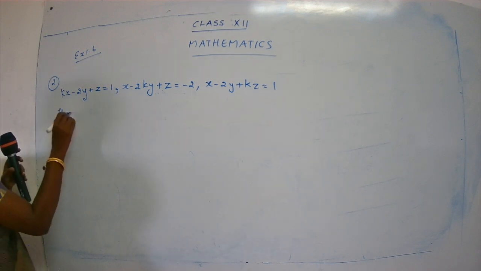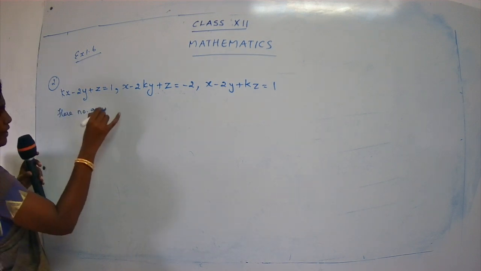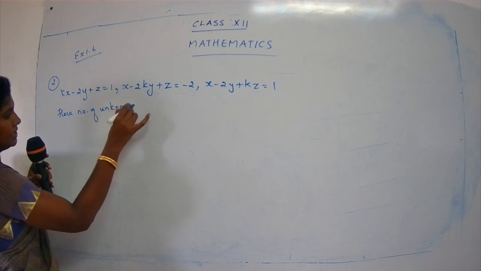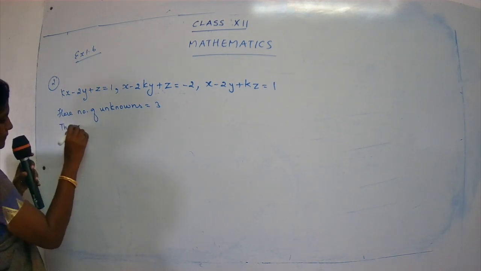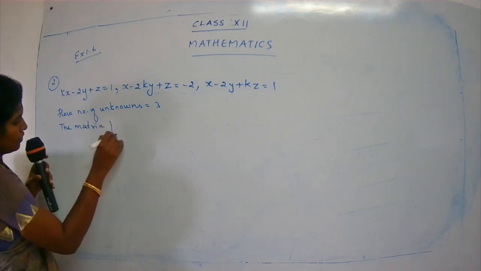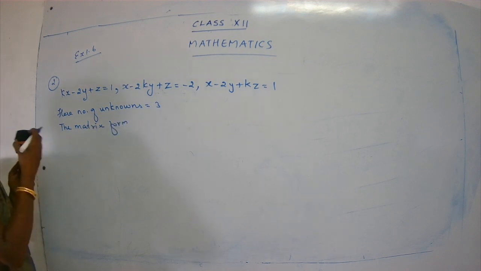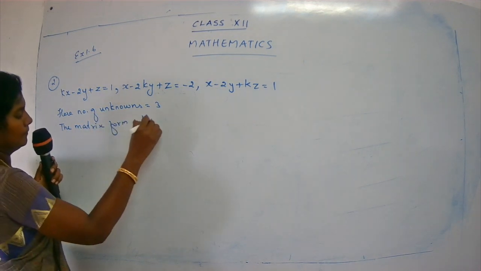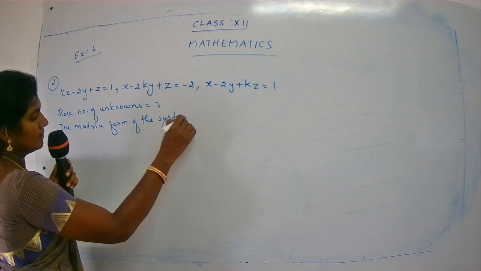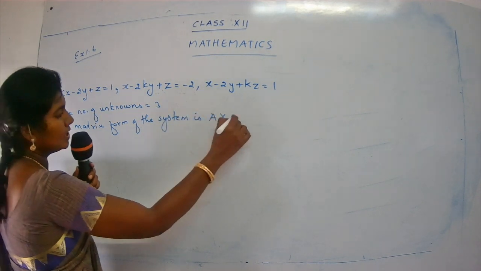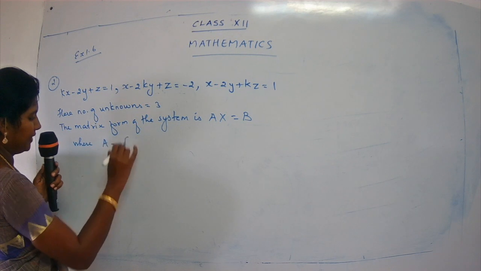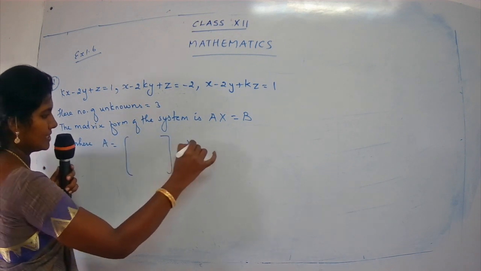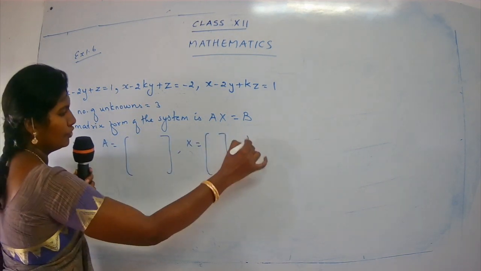Here, the number of unknowns is equal to 3. Okay. Next step, the matrix form of the system. The matrix form of the system is AX is equal to B, where we know how to write the matrix A. Yes. Write the matrix X and write the matrix B. Come on, do it.